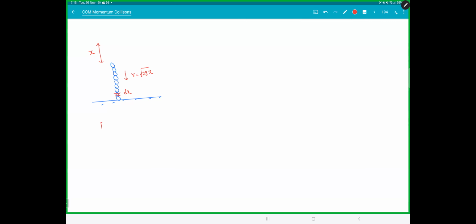How much will this force be? dp in the vertical direction is lambda dx into v. The force will be dp by dt. So basically the same thing as the force from the heap, lambda v square, which is lambda 2gx. This is the force on the floor due to collision.